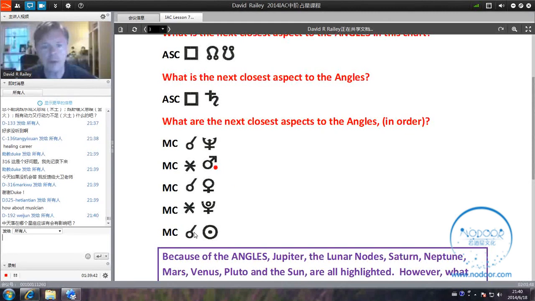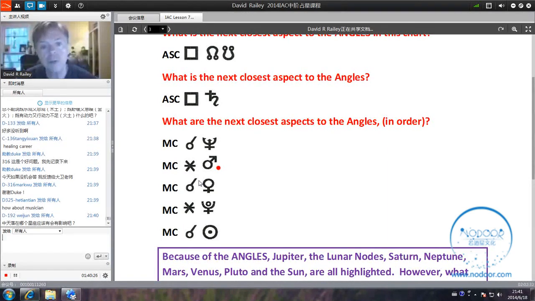Mars also aspects the midheaven very closely, is sextile the midheaven, showing taking the initiative, Mars, creating opportunity. So this is someone who can take action, Mars, to create career opportunity.